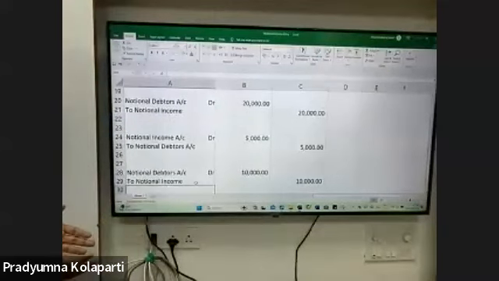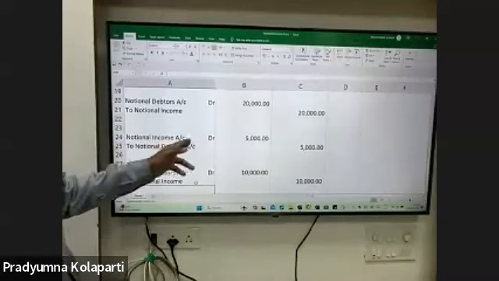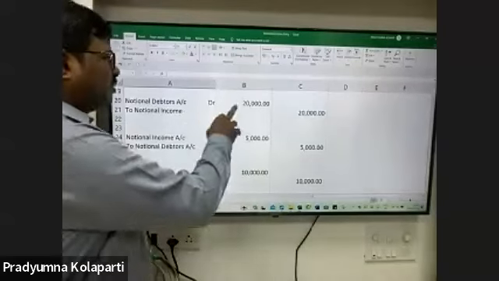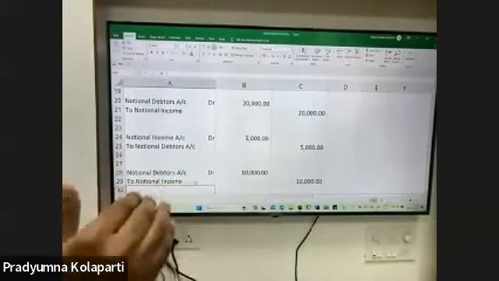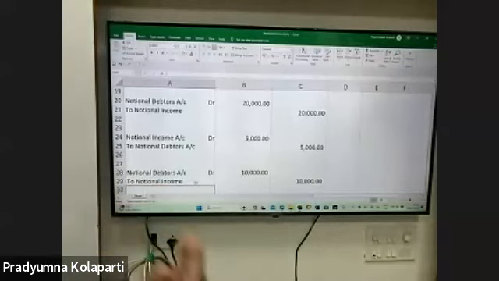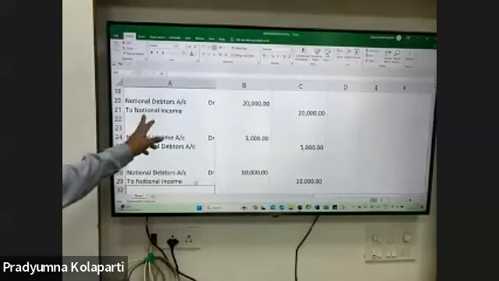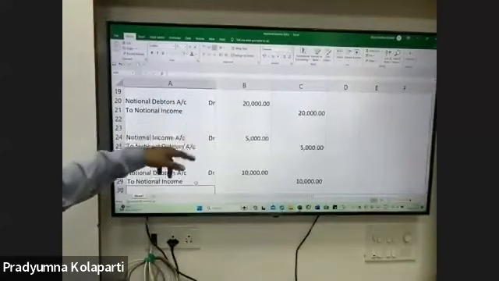You have accounted as per billing and you have to increase your income to reach that average income. That's why you are crediting income and debiting debtors.